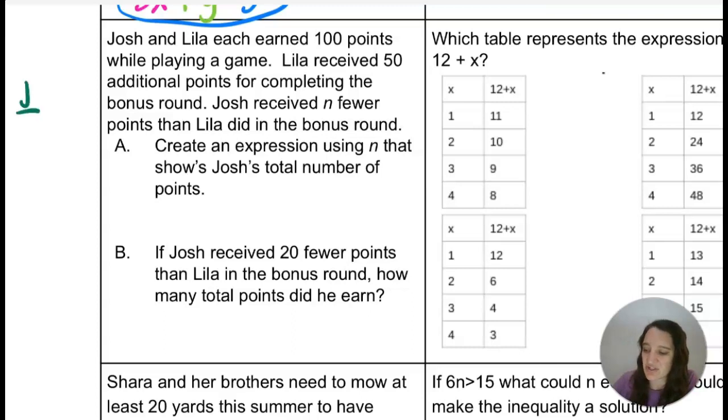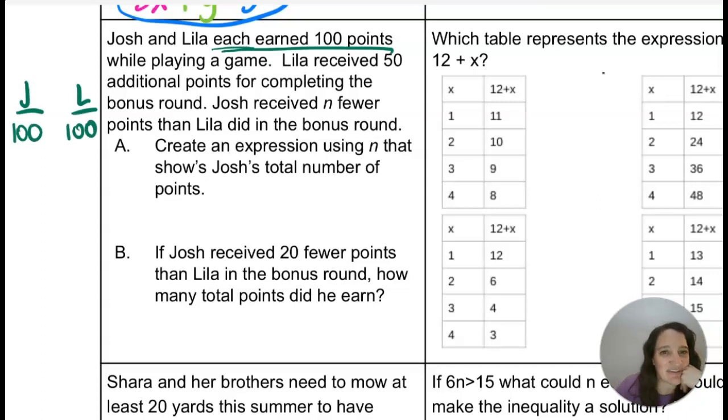So we got Josh and we have Lila. Josh and Lila each earned 100 points while playing a game. Lila received 50 additional points for completing the bonus round. So Lila gets an extra 50 points. Josh received n fewer points than Lila. Fewer means subtract.